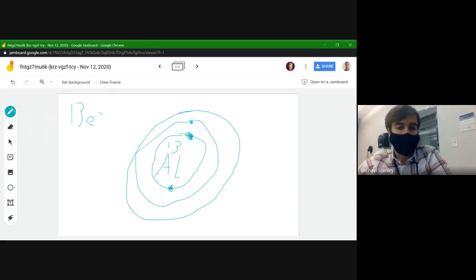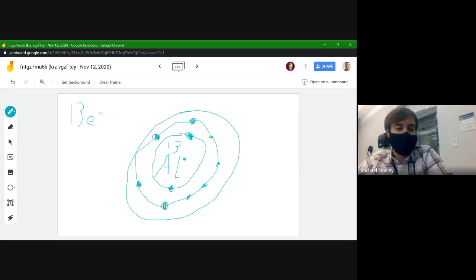So I have 1, 2 on the first one. And then we can fit number 3, number 4, number 5, number 6, number 7, number 8, number 9, and number 10 on the second ring.